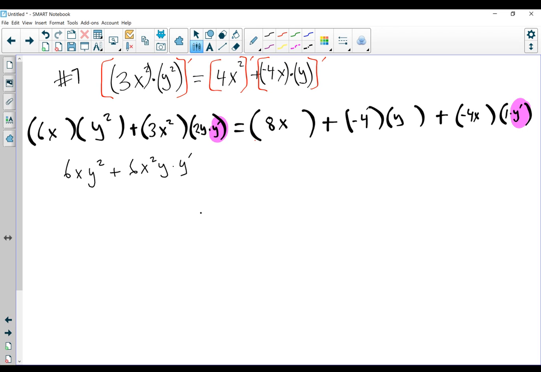Remember, y prime is what we're solving for. This is just 8x. This is just negative 4y, or minus 4y, or plus a negative 4y. And lastly, you have negative 4x y prime.